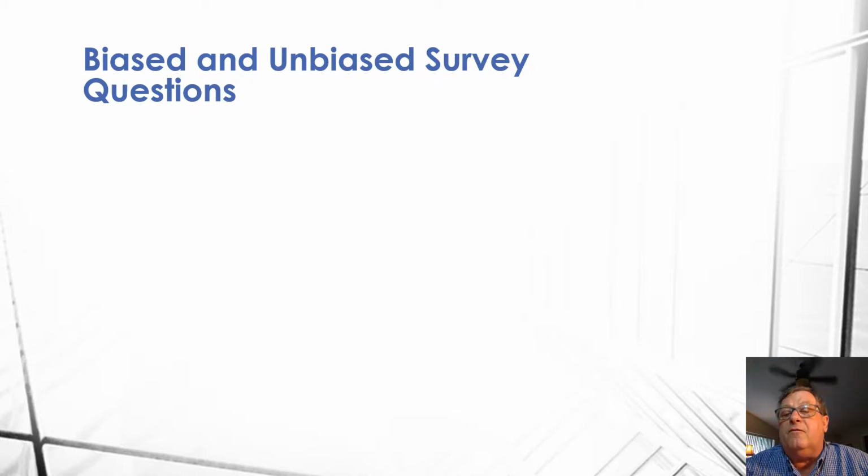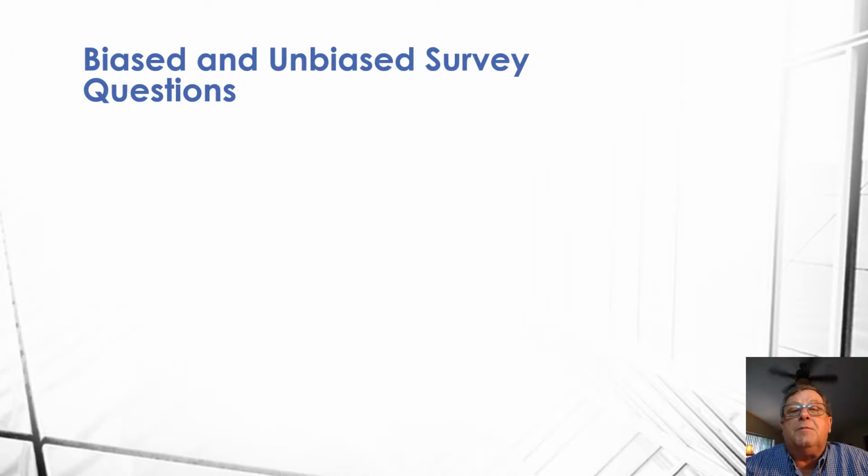And what you want to do to avoid bias, to stay clear of bias in your survey questions, are a number of things. One, we can have bias in the survey question if the question is confusing. We also can introduce bias if we're encouraging the members of that sample to answer in a certain way.